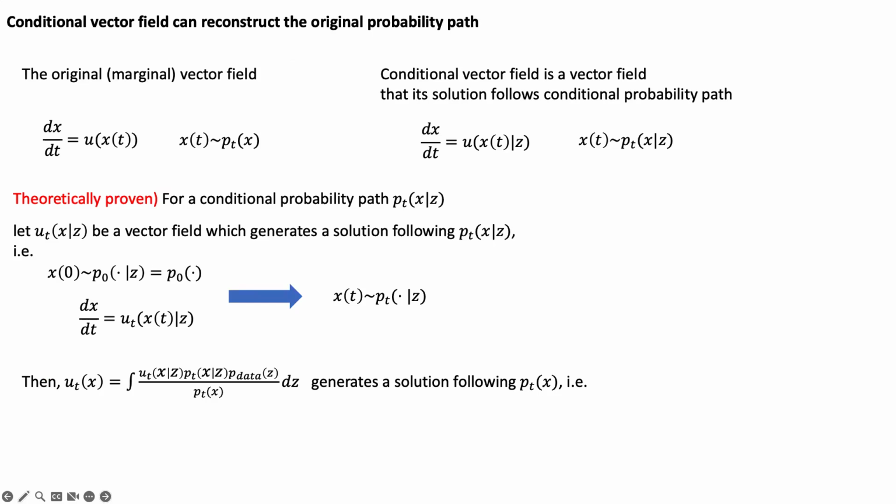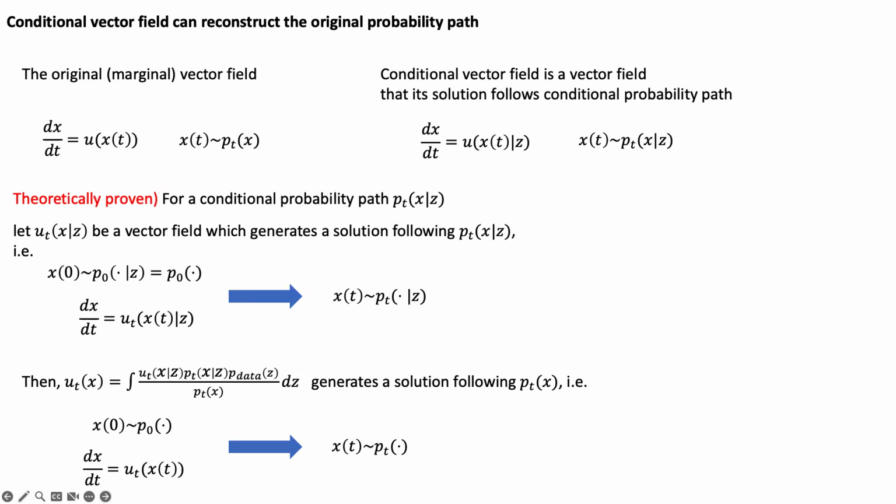Then if you start from the conditional vector field and define u_t, this actually generates the true marginal probability.